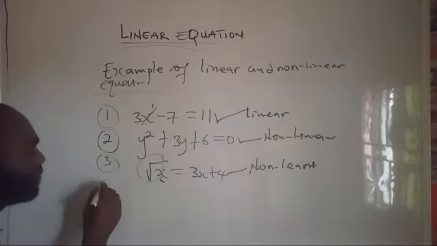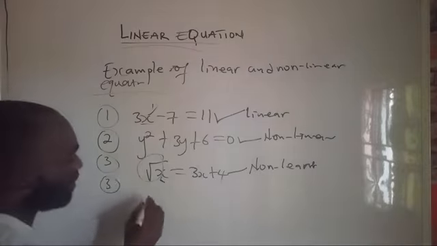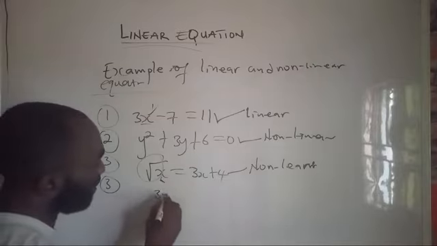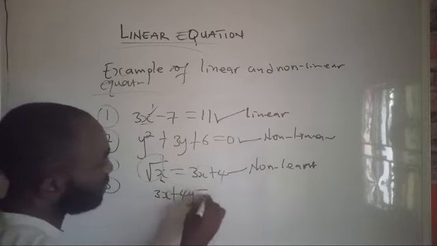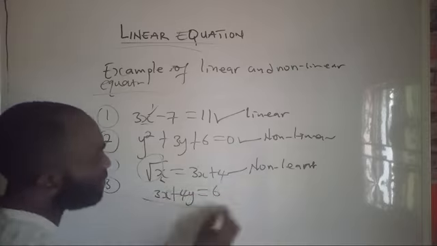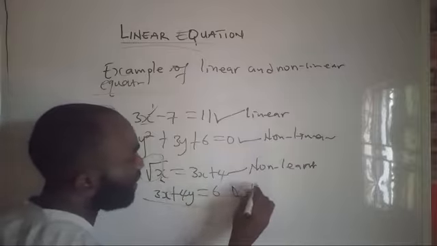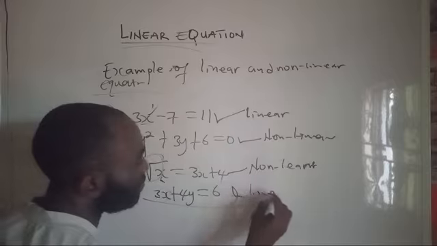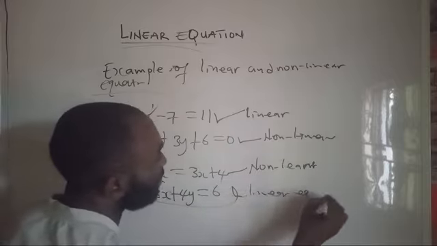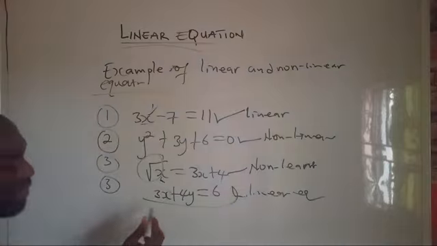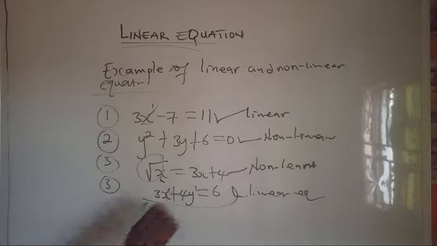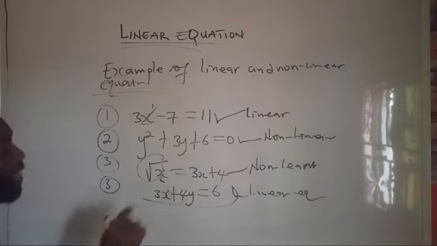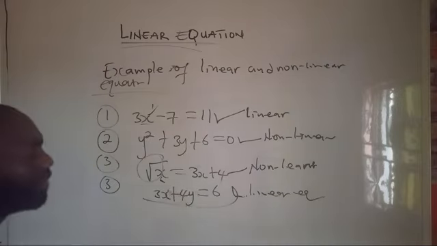Let's assume you have 3x plus 4y is equal to 6. This is a typical example of linear equation. Why? Here the power of x is 1, here the power of y is 1. So the equation is linear.